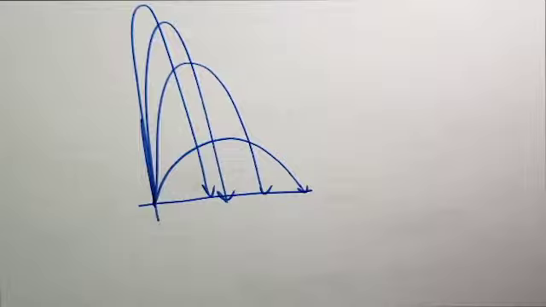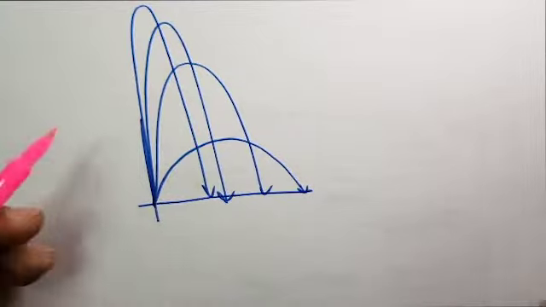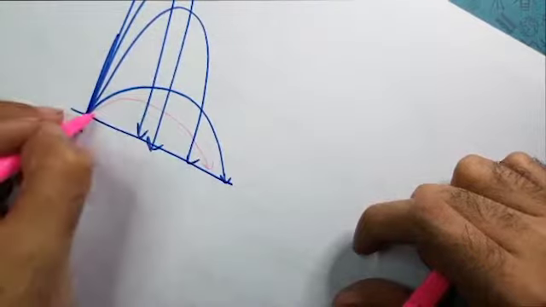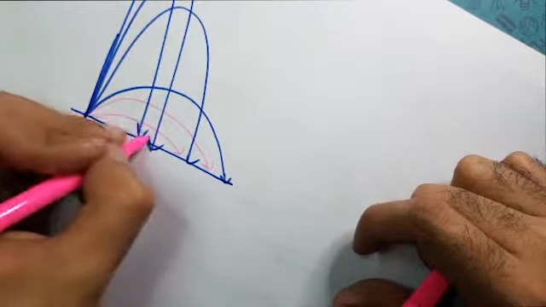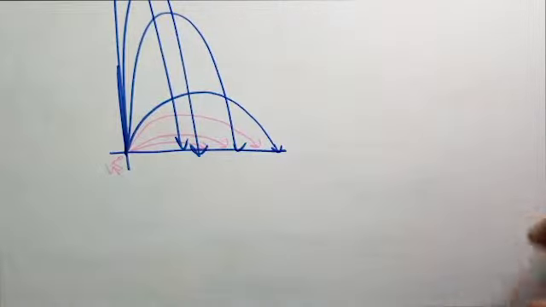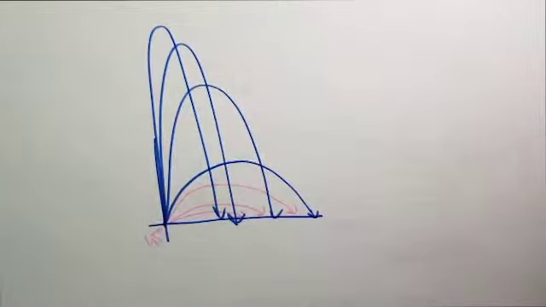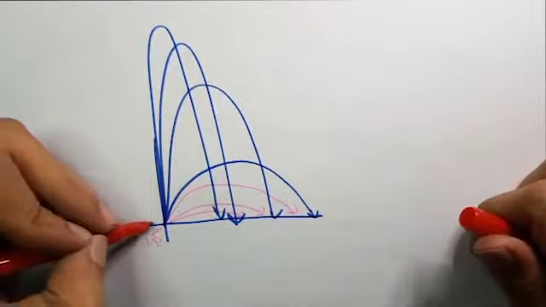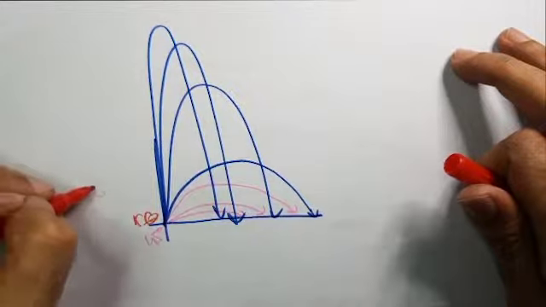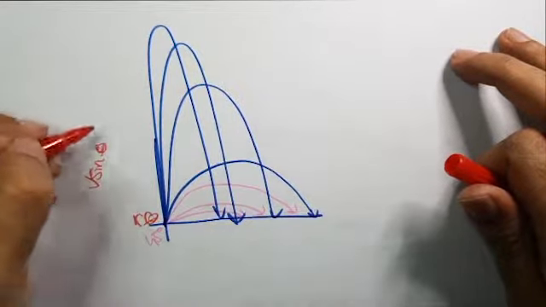So, what happens if the angle is less than 45? Let's use another color for that. Let's use pink. We haven't used pink. So what would that look like? It's going to be less, all right? It's going to be less. So you get maximum range at 45 degrees. So what happens as you increase the angle? As theta increases, if you look at the maths, the value of v sine theta will increase.